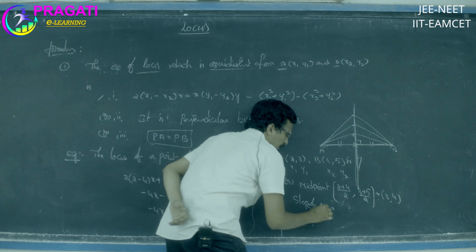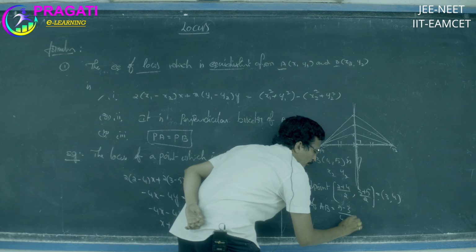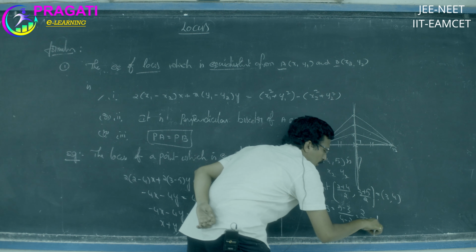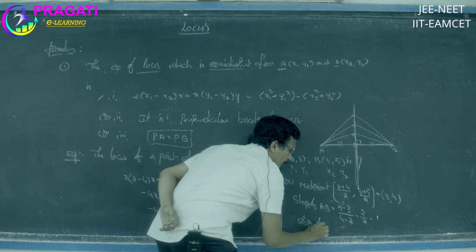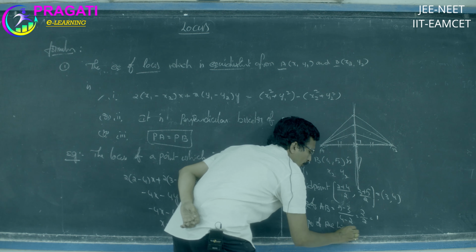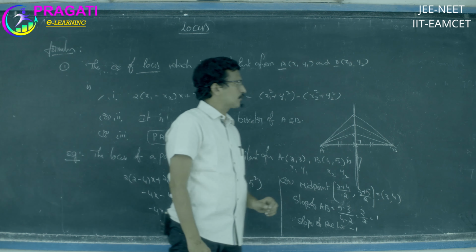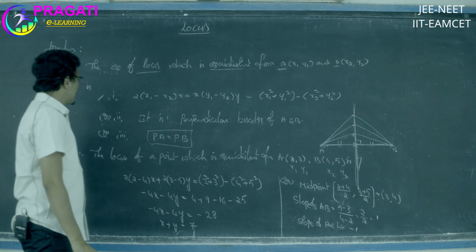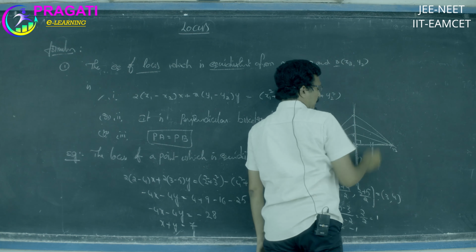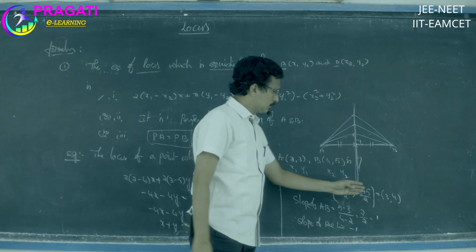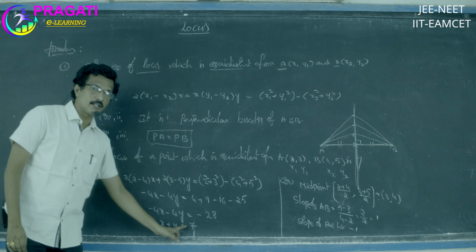Here (5 minus 3) by (4 minus 2), that means 2 by 2, that is equal to 1. Therefore slope of the required line is minus 1. Here the point is (3, 4) and slope is minus 1. Then the equation of the line, what is the formula? y minus y1 is equal to m into (x minus x1). Here we use these, then we get the equation x plus y is equal to 7.